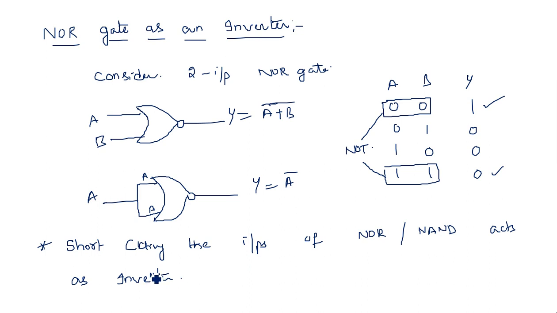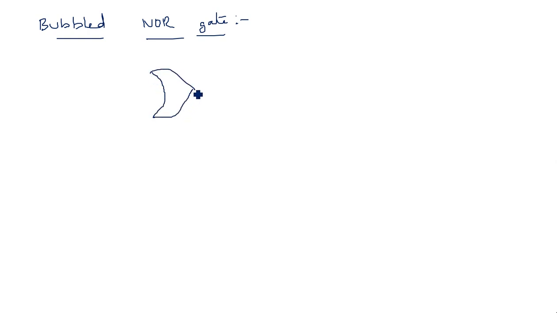This is about the implementation of an inverter using a NOR gate. Now let us see the bubbled NOR gate. Already we have seen the bubbled AND gate. In a similar way, a bubbled NOR gate is nothing but we take a two input NOR gate and take bubbles at the inputs, for as many inputs as we have.